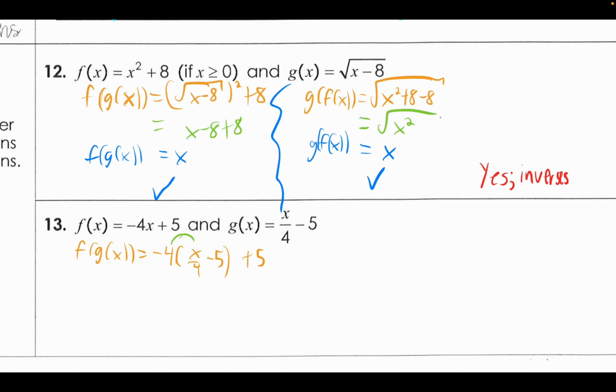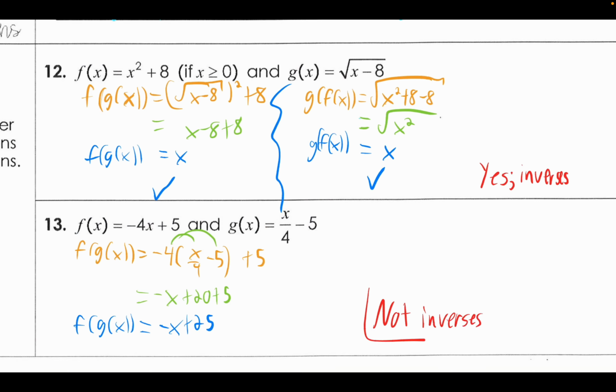As I distribute my negative 4, I get negative 1x, as these 4s reduce, plus 20 plus 5, and I can tell, oh, that won't do what I want it to do at all, actually. That's a negative x plus 25, not just x. And so f of g of x did not equal x, and so thus these are not inverses.